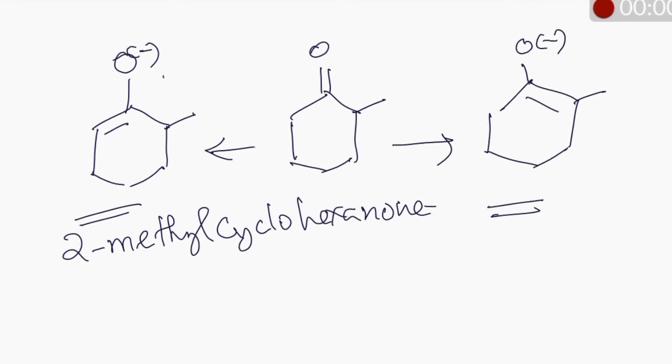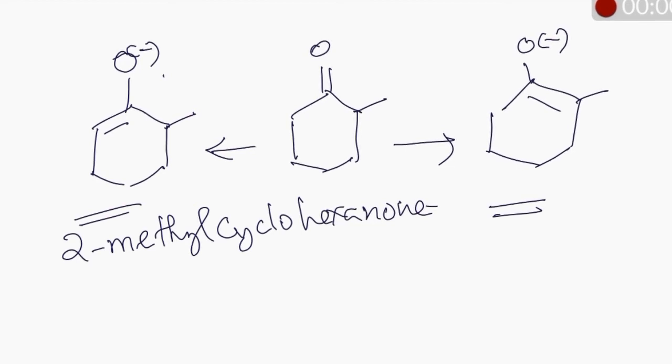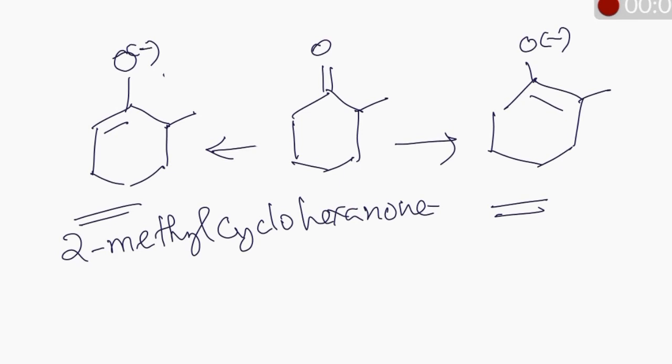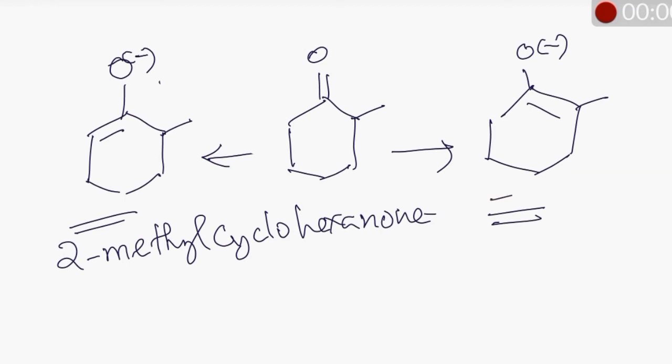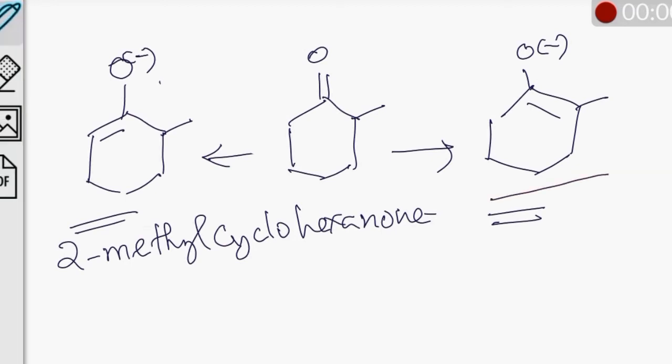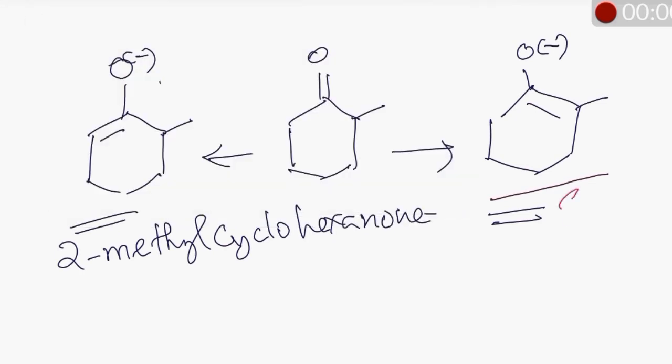Please recall Saytzeff's rule. So, when equilibrium is possible, the more stable enolate will form. This is possible if a proton source is available. So, remember, this is supposed to be the more stable one.